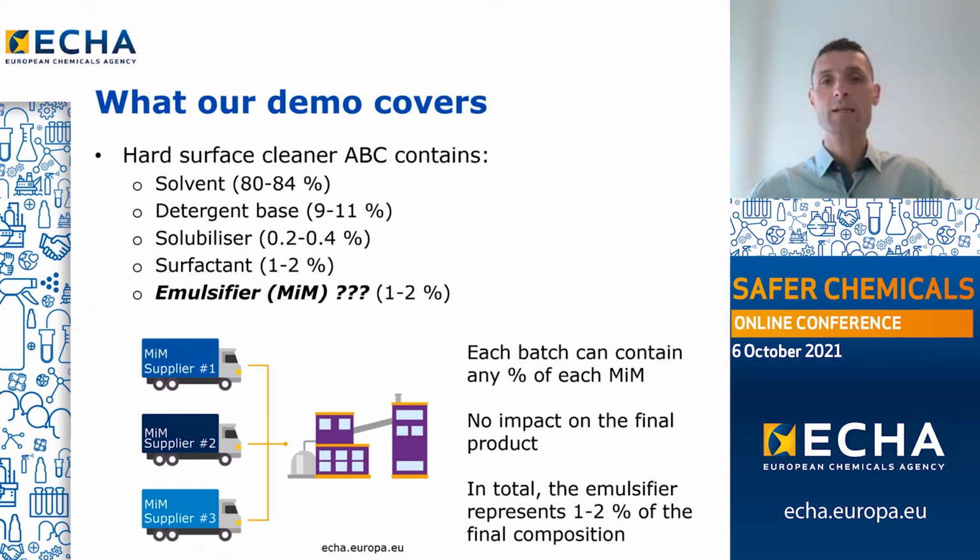So basically, since the production process is continuous, in each batch you may have an unknown percentage of each of these components, but the total concentration of the emulsifier is known, of course, and has to be provided according to the limits of Annex A.